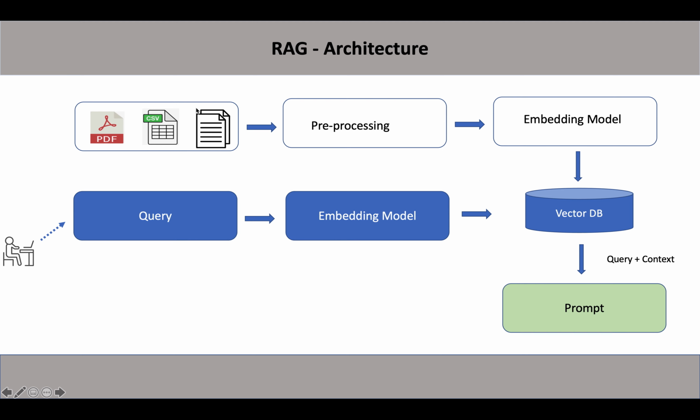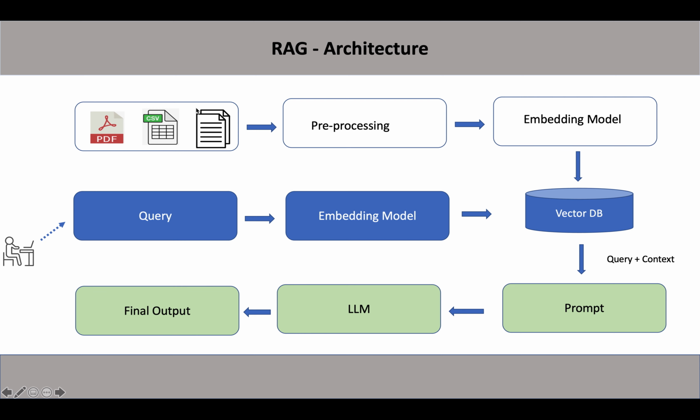and that will be given to the prompt, and the prompt is talking to the LLM. When I say LLM, it need not be only OpenAI. You can use any type of LLMs like OpenAI, Gemini, Llama. All these LLMs you can use, and that will give us a final output.